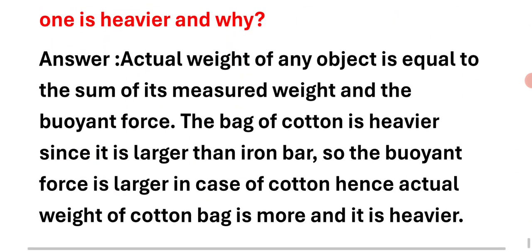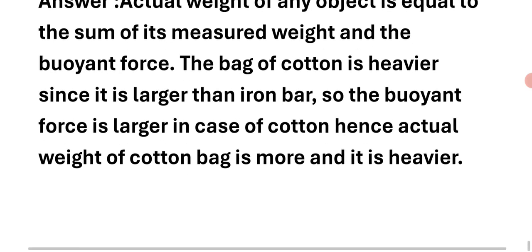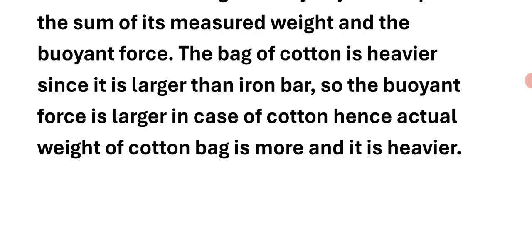Right answer. The actual weight of an object is equal to the sum of its measured weight and the buoyancy force. The bag of cotton is heavier since it is larger than the iron bar. So the buoyant force is larger in case of cotton, hence the actual weight of the cotton bag is more and it is heavier.